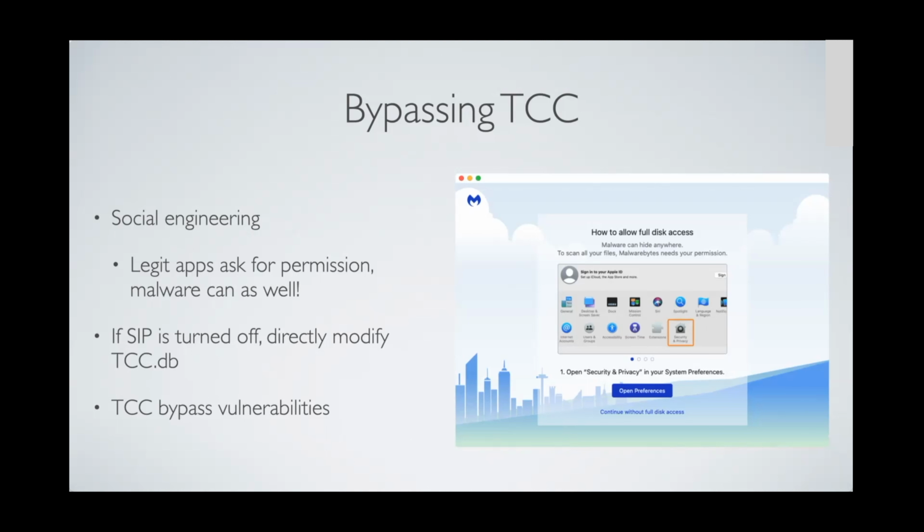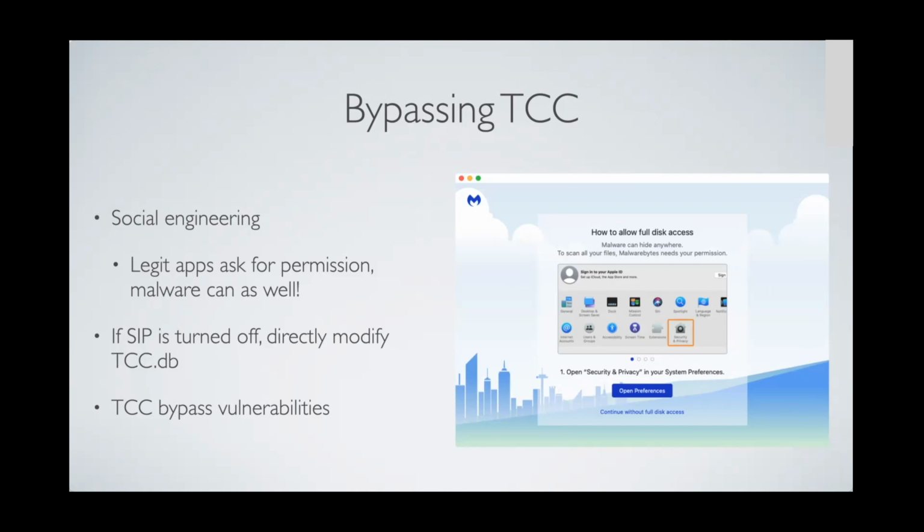In addition, if somebody were to actually turn off system integrity protection, you can directly modify the database that determines what apps have been given what permissions via TCC. And finally, there are all kinds of TCC bypass vulnerabilities. They're found all the time. They let you bypass it without any kind of special action.